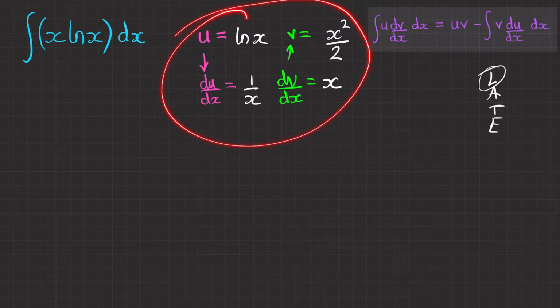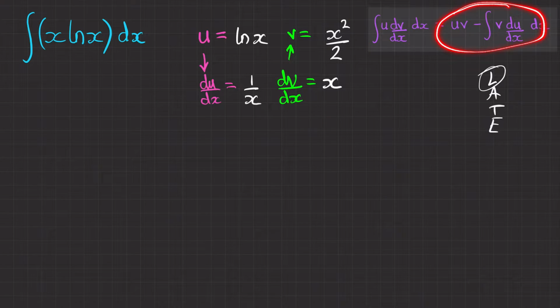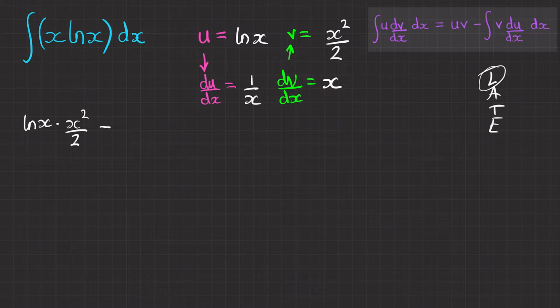So now we can input this information into our formula here. So we have u, which is ln x, multiplied by v, which is x squared over 2, minus the integral of v, which is x squared over 2, multiplied by du by dx, which is 1 over x, dx.